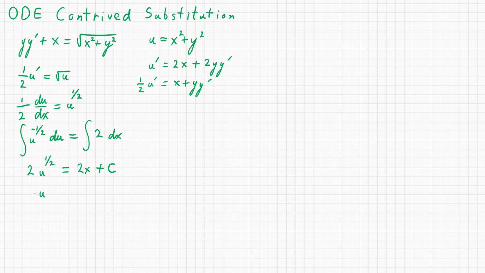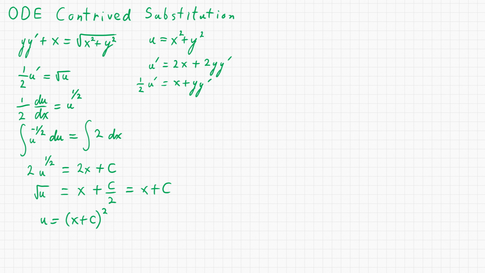So I get square root of u equals, dividing by 2, x plus c over 2. But again, I can absorb that into the constant. That's x plus c. That's not too bad. And then I can just go ahead and square that, so then we get u is equal to x plus c squared.